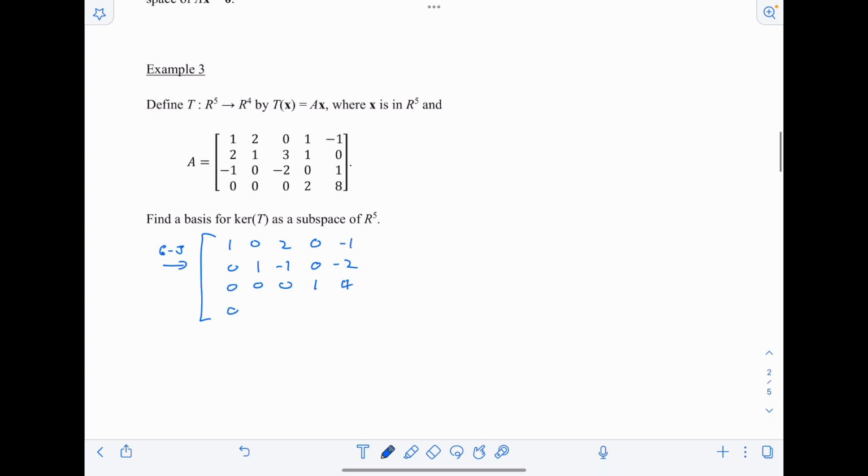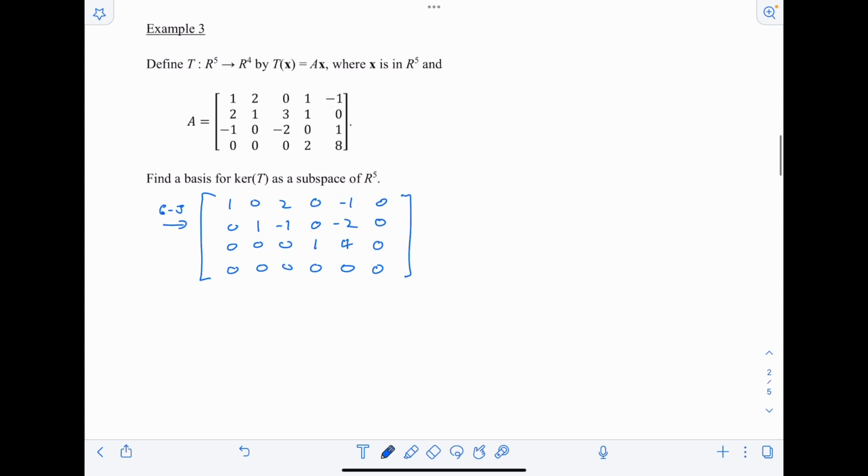And then the last row ends up being all zeros. Now, I started to write zeros before because in essence what we're doing is setting this equal to 0. So technically we could write a column of zeros to remind ourselves that the first 5 columns represent the left hand of the equation, and the zeros represent the right hand of the equation.